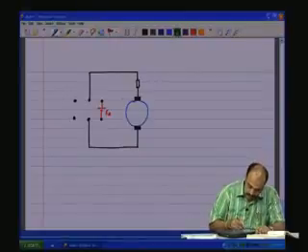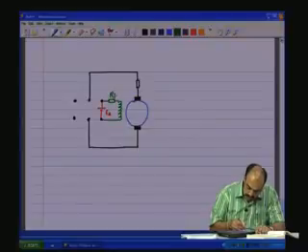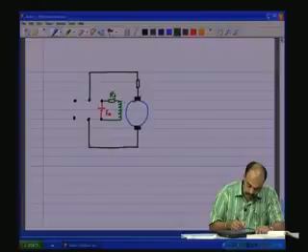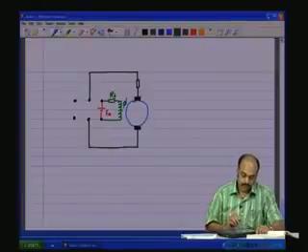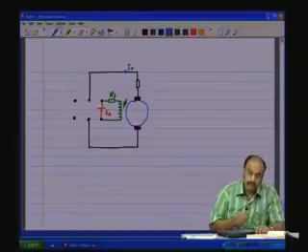Now, there is of course the field winding which is also going to be connected to EA. So, this is RF and there is going to be an IF field. So, this is going to generate your phi. Okay. Now, this is your IA, armature current.